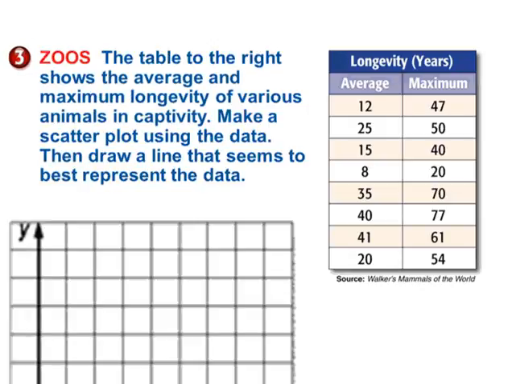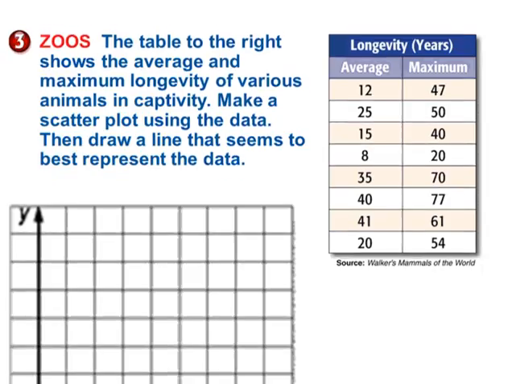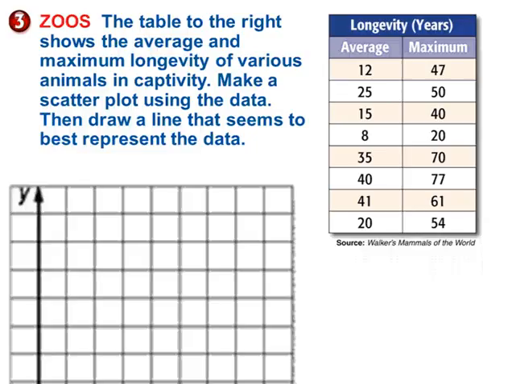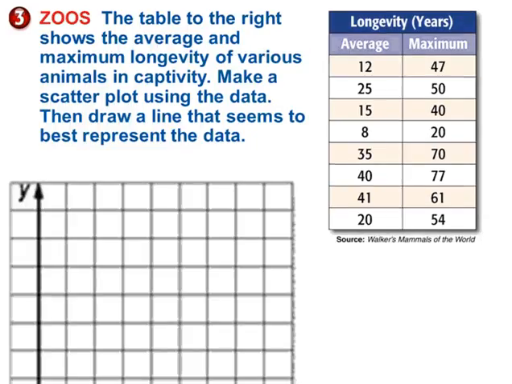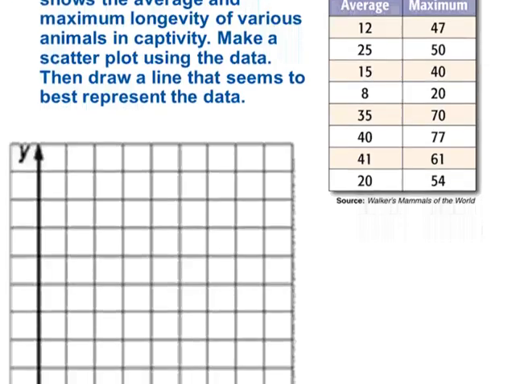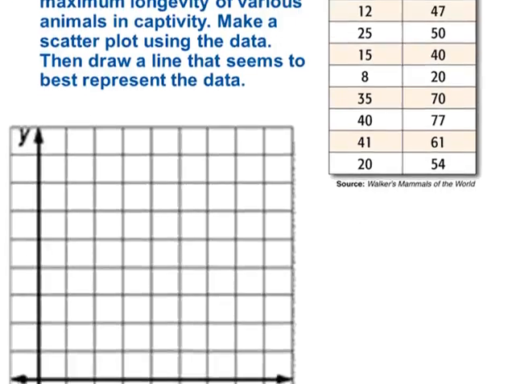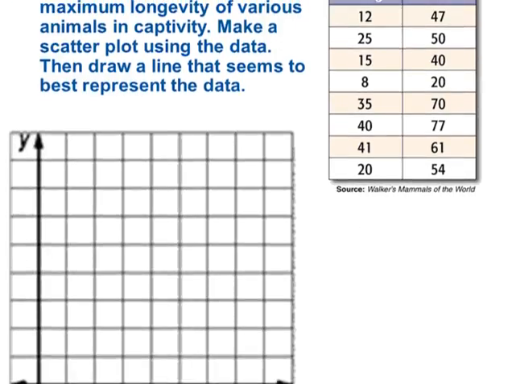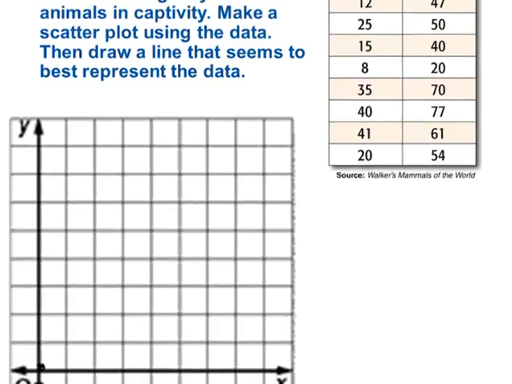The table to the right shows the average and the maximum longevity of various animals in captivity. Make a scatter plot using the data, then draw a line that seems to best represent the data. All right, so we're going to put average across the bottom and maximum up the side. We've got a little bit of a scale difference here. Way down in this corner is my origin. I'm going to let each number going up the side represent 10 years.